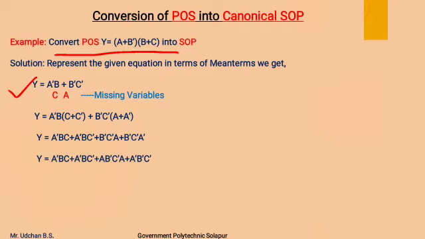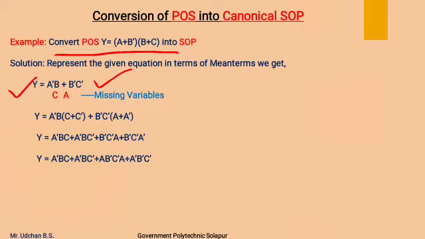That is, normal variable is represented as complemented variable and complemented variable is represented as normal, OR operation is replaced by AND operation and AND is replaced by OR. Now this is the equation written in the form of min terms.